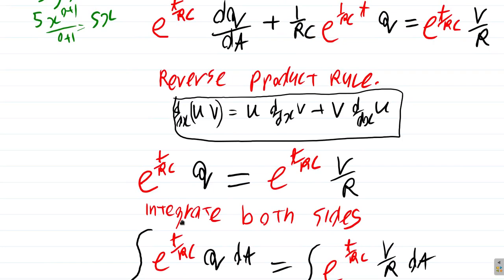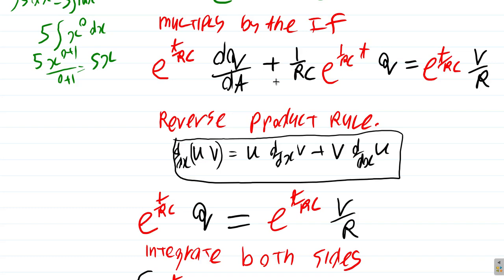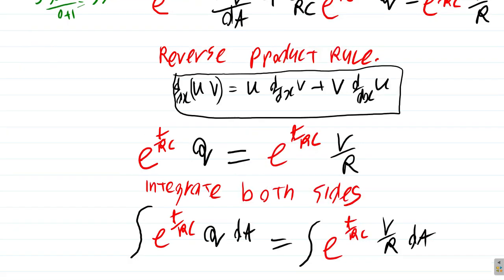Oh, hold on, I left out a little thing here. I had said we are looking at the inverse product rule, the reverse product rule. That means there is something that we differentiated in order to get this. What we differentiated in order to get this is this. So I should show that it is a derivative. It is really d by dt of this, right?